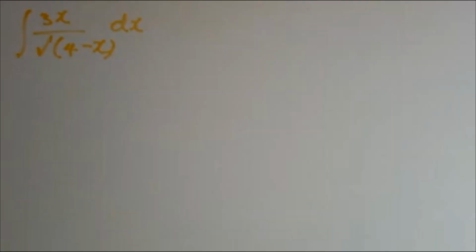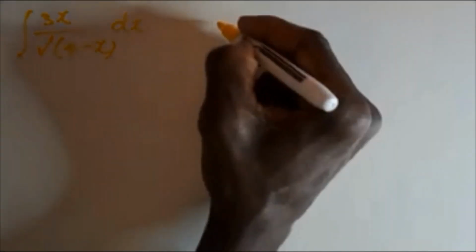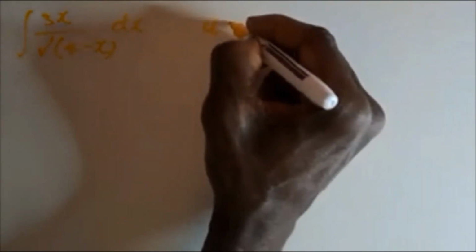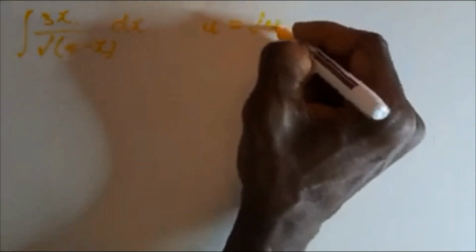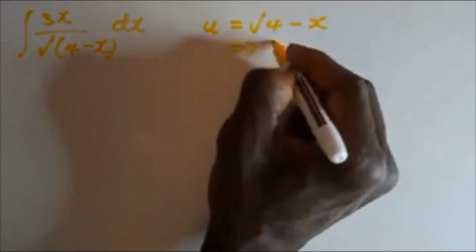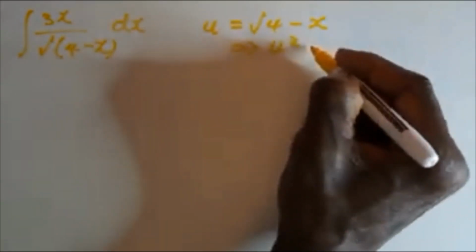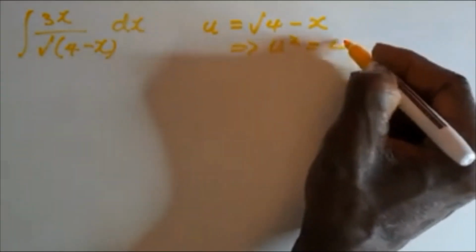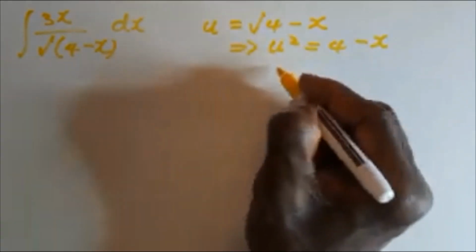Here's our next integral. We use the substitution u is equal to root 4 minus x. This implies that u squared is equal to 4 minus x.